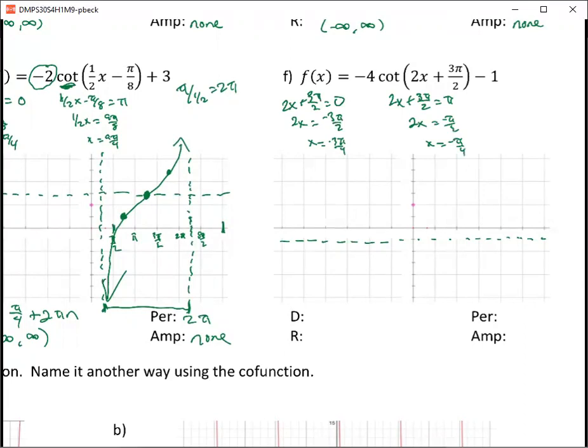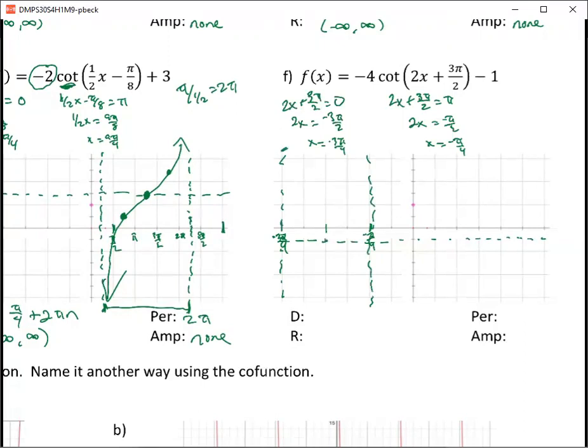So I have to go from negative pi over 4 to negative 3 pi over 4. I could go by pi over 4s. Let's go ahead and spread this out and say that's negative pi over 4 there. That's negative 2 pi over 4, negative 3 pi over 4. So that's the beginning of my cotangent and the end of my cotangent.